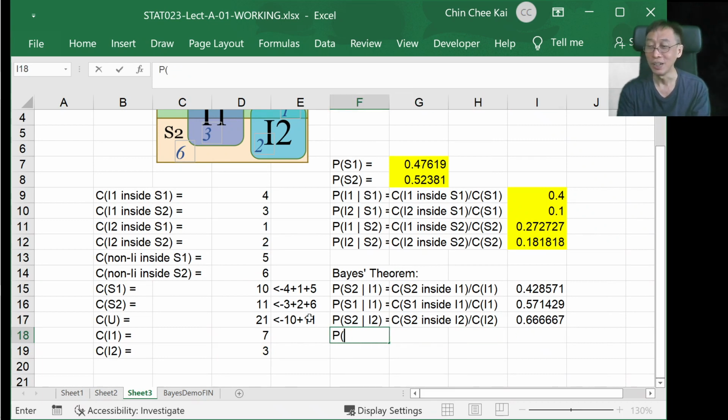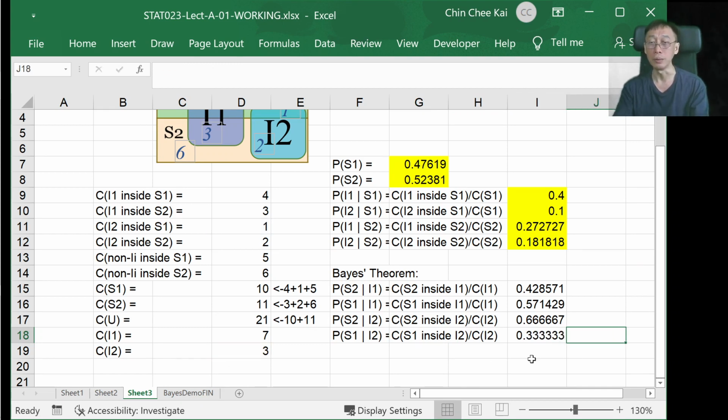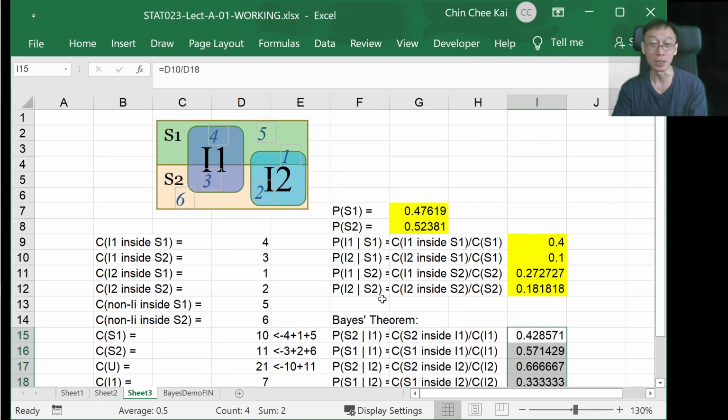And finally, we have S1 given I2. That's going to be count of S1 inside I2 divided by count of I2. So finally, we get I2 in S1 here divided by count of I2. Okay, great. So we have these that are basically derived and predicted by Bayes' theorem.